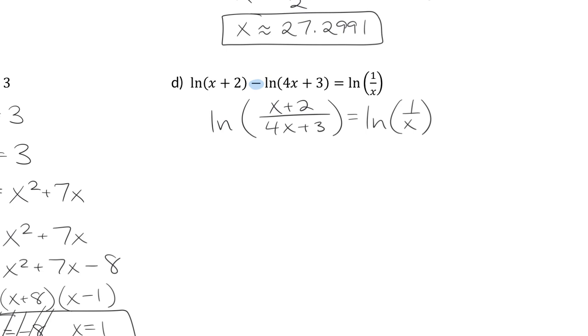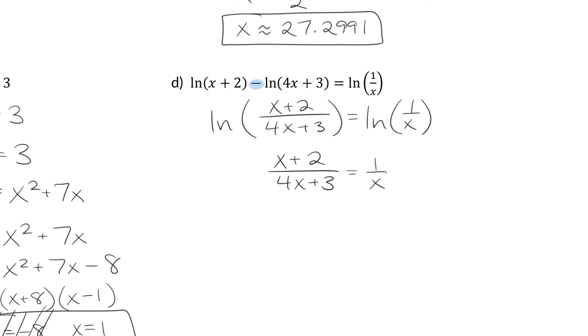Since now we have the logarithms being the same, all we do is take the insides out and we solve the arguments set equal to each other. This is x plus 2 over 4x plus 3 equal to 1 over x.